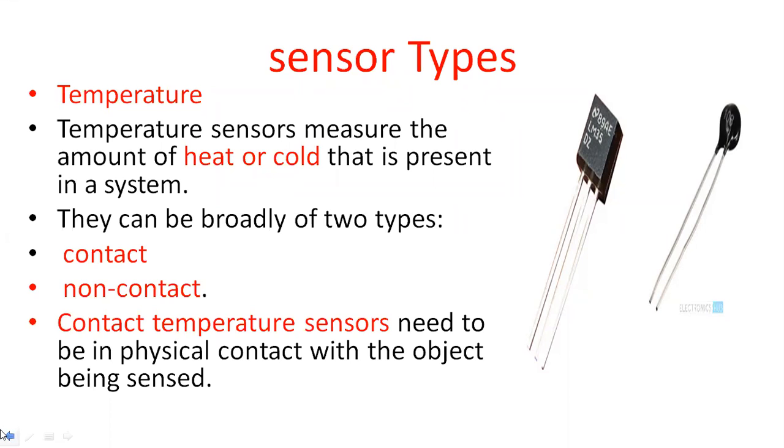The temperature sensor is broadly classified into two types: contact temperature sensor and non-contact temperature sensor. Coming to the first type, the contact temperature sensor needs to be in physical contact with the object being sensed.